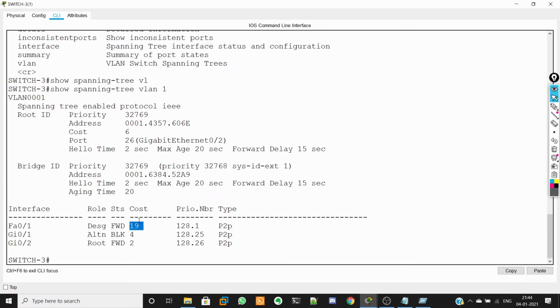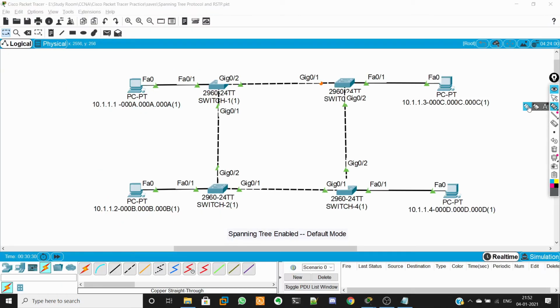Here we can see the interface cost. Each interface has its own cost, so based on the cost value, the root port will be decided. In this network, this switch is elected as the root switch, and this port is the root port, which has the lowest cost to reach the root switch, the same as Gigabit 0/1.